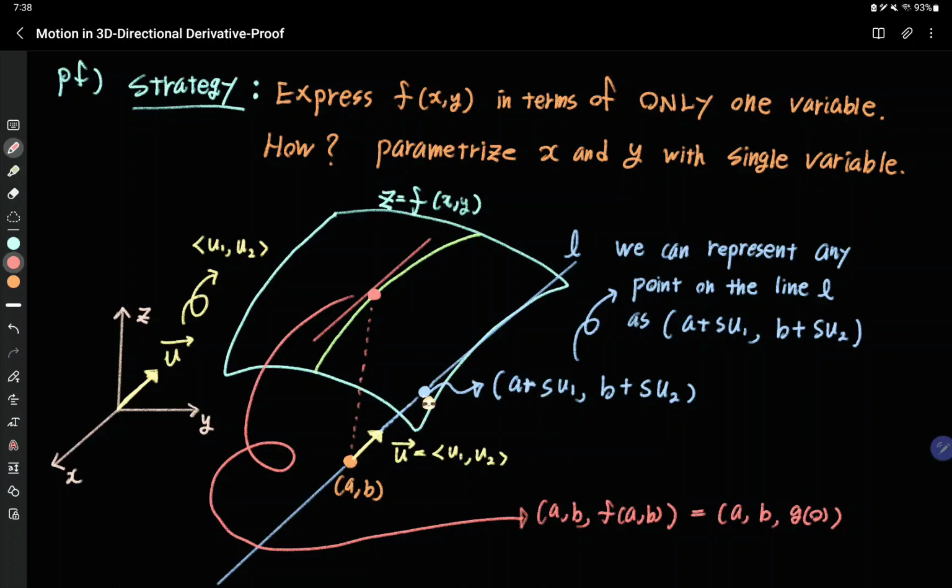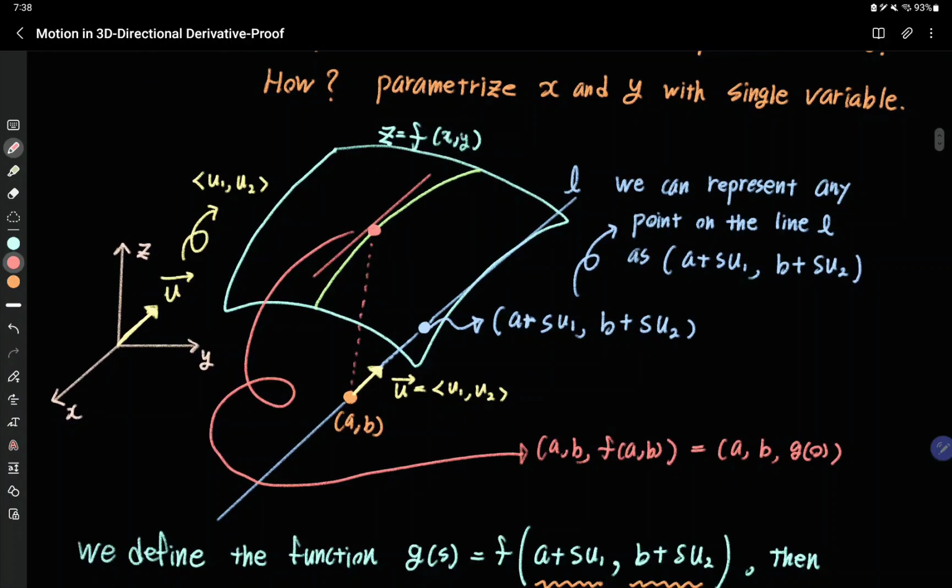If s is negative, then the point will be right there. So simply, we can represent any point on the line L as (a + s·u1, b + s·u2).